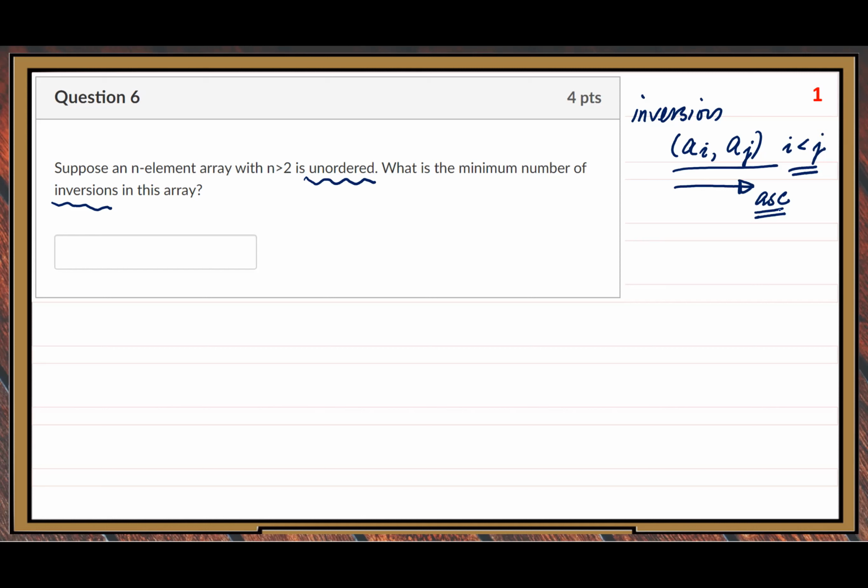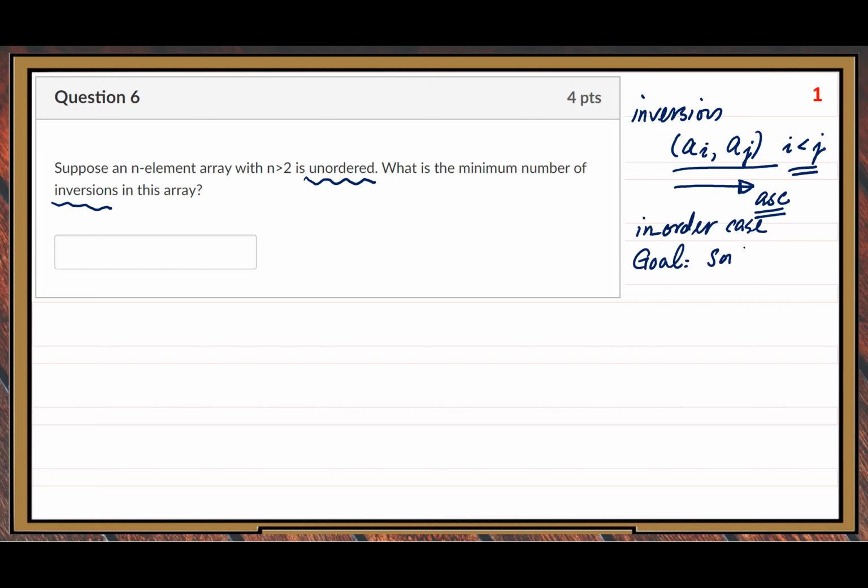Because that's the in-order case, then we do not worry about it. Here the goal is sorting. Why do we define the inversion concept?